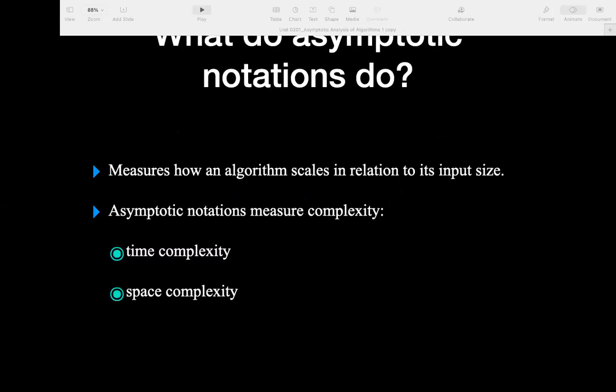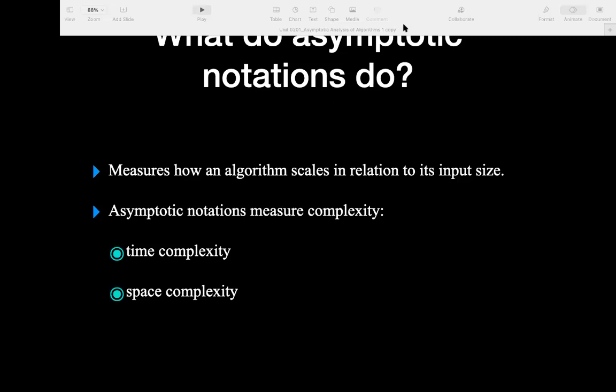The first question is, what do asymptotic notations do? Asymptotic notations are the languages which allow us to analyze an algorithm's running time by identifying how it is behaving with respect to the input size, right?